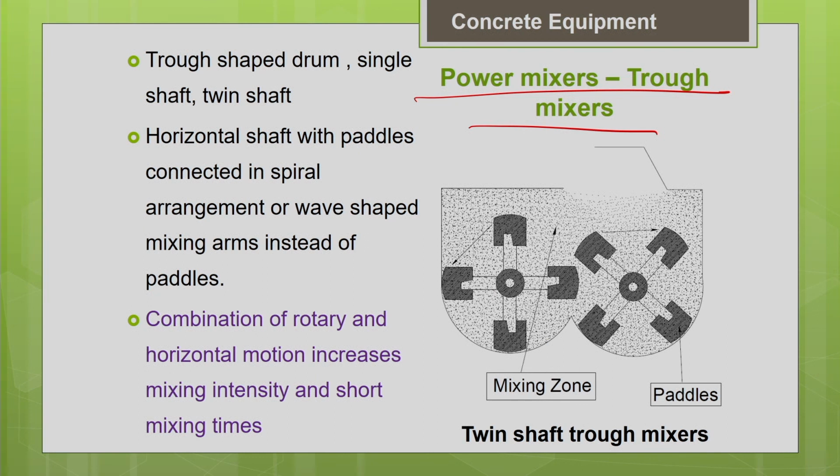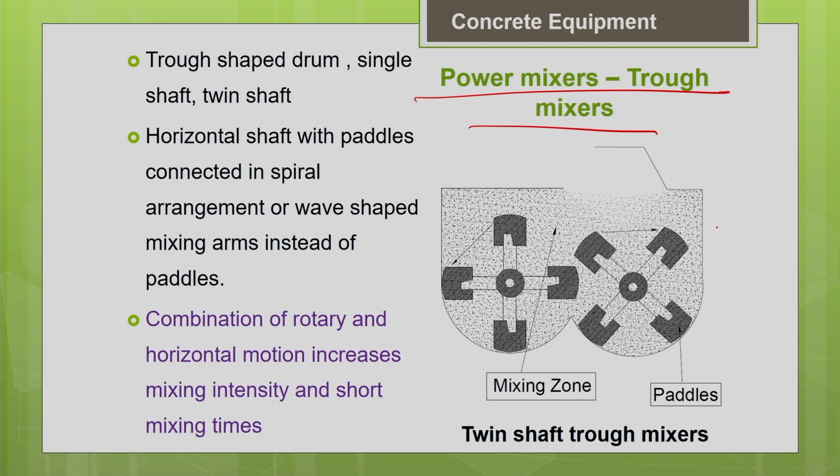The other advantage of trough mixers is that you can have different types of motions possible, not only the rotary motion but also the horizontal motion. Rotary and horizontal motion result in a better intensity of mixing and a homogeneous mix, and the speed is very high.